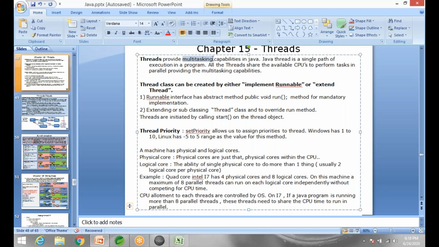So what do you guys understand by the term multitasking? Performing multiple tasks simultaneously, right? Like you're driving and you're listening to the music at the same time.